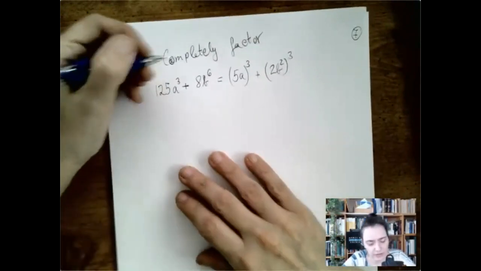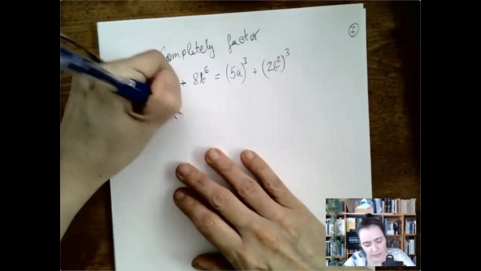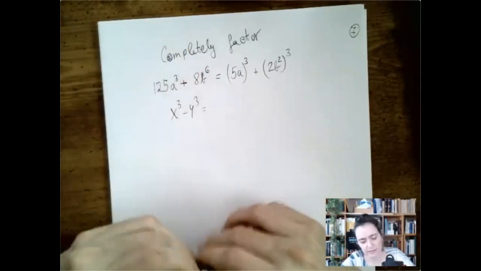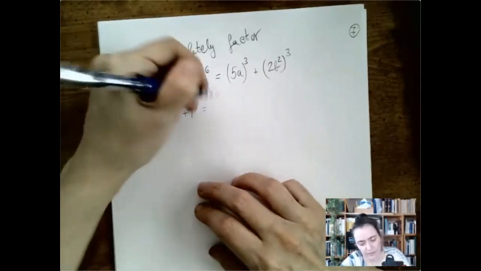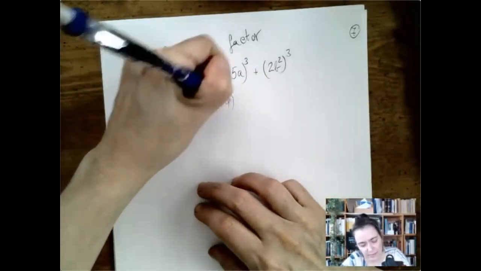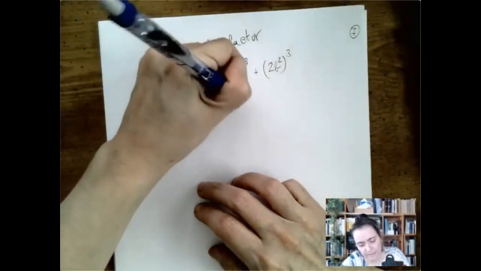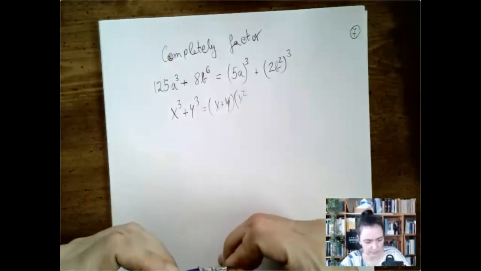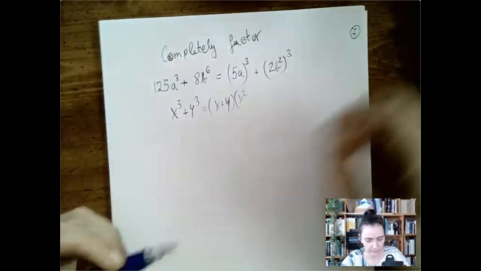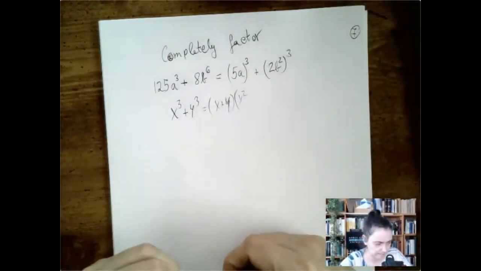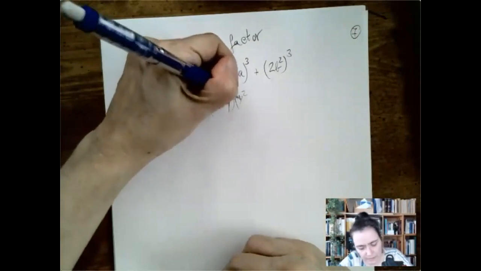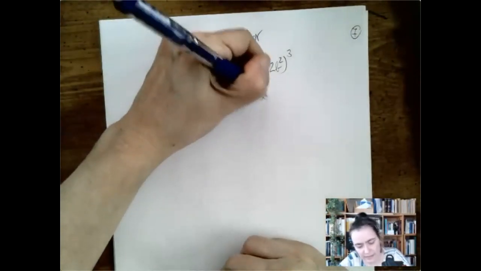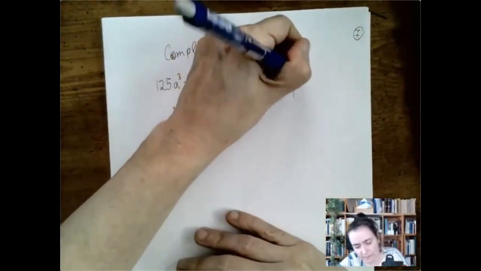And so if I state x cubed plus y cubed is x plus y times x squared minus xy plus y squared.